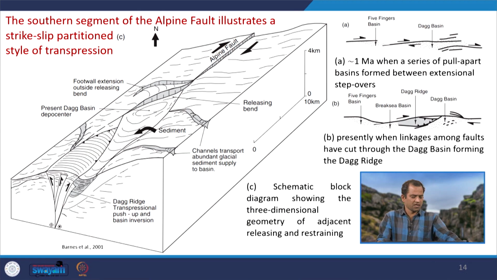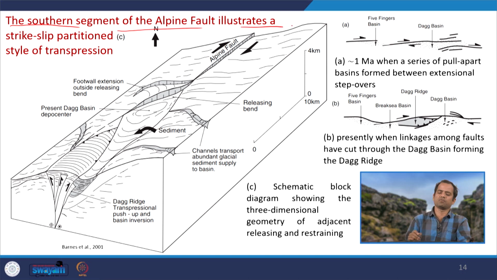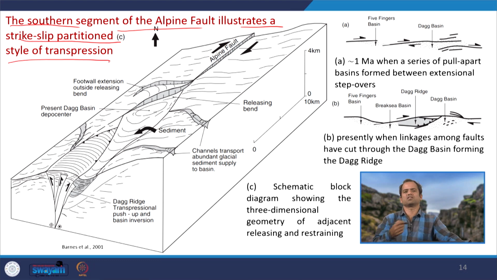So, this block diagram shows how strike slip partitioning occurs, how these positive and negative flower structures are there, where the push-ups are developed, and where these pull apart basins are developed. The southern segment of the Alpine Fault illustrates the strike slip partitioned style of transpression. Strike slip partitioned means that the strike slip component is on totally different and separate structures.